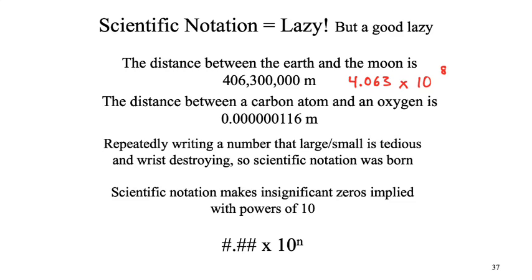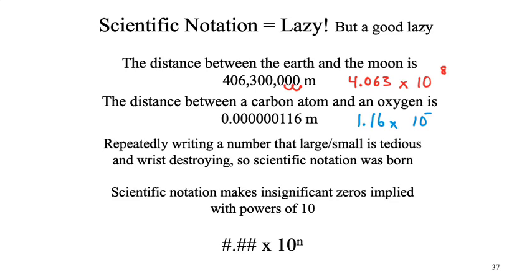How about the next one down? 1.16 times 10 to the... Now that's a small number. I got you. It'll become negative. Okay? What about the size of the number that I'm using as my exponent? There's an implied decimal point for that first number.